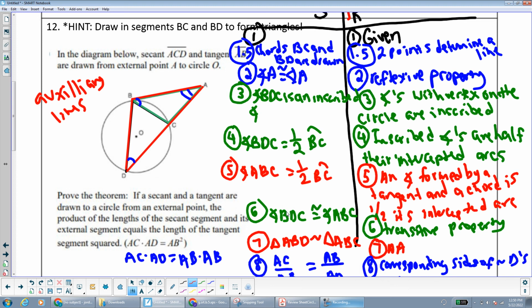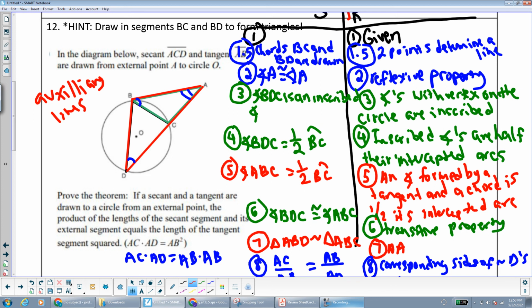Then we can mention angle ABC, which is also half the measure of its intercepted arc. Once again, that's because an angle formed by a tangent and a chord, you can also just call it an angle on the circle, is half its intercepted arc.